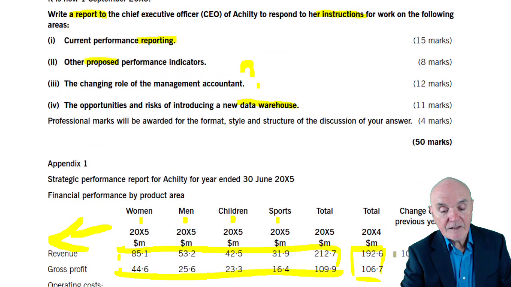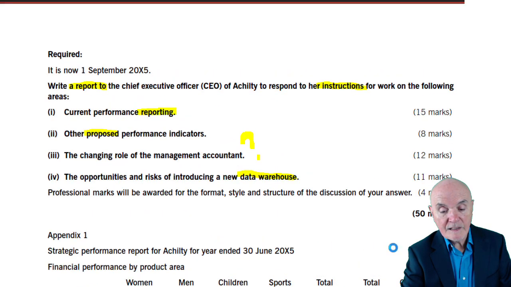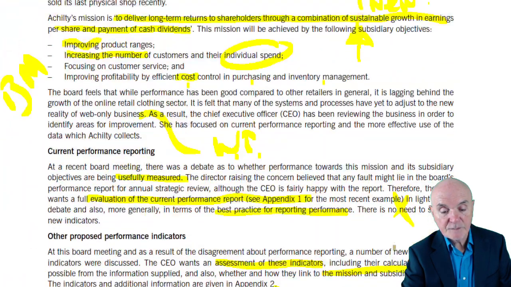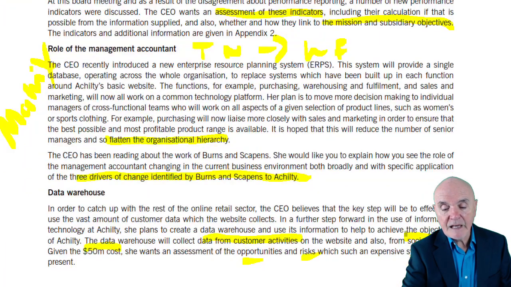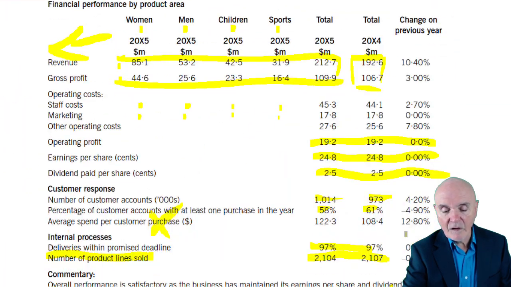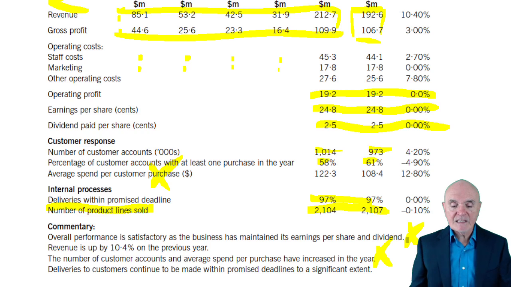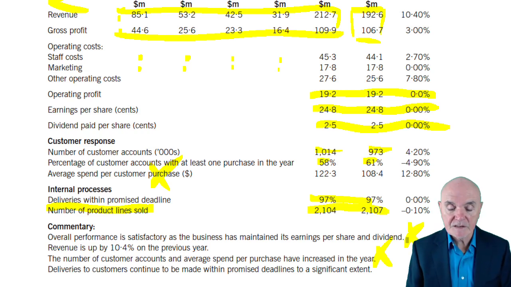What else do we have in here? We have the subsidiary objectives. Focusing on customer service. Okay, we've just got the one thing which focuses on customer service. That's perhaps a little bit inadequate. Efficient cost control and purchasing. Well, again, it's a little bit thin on that. It says very little about the purchasing efficiency.